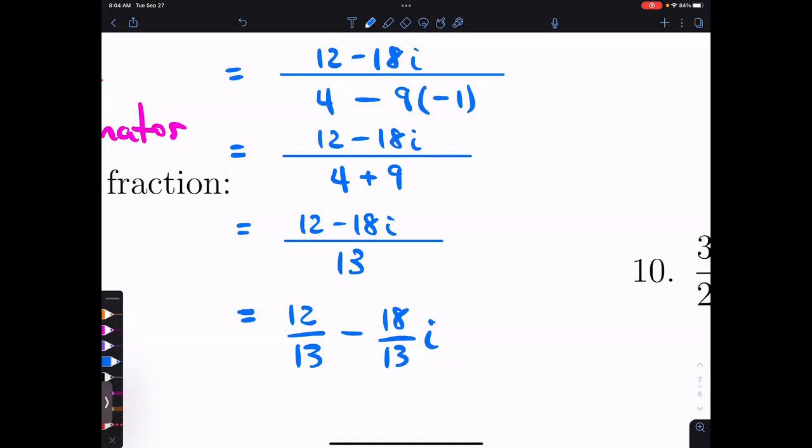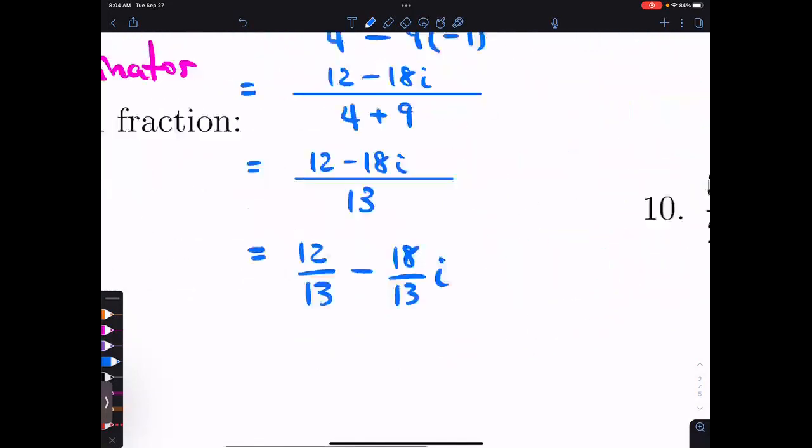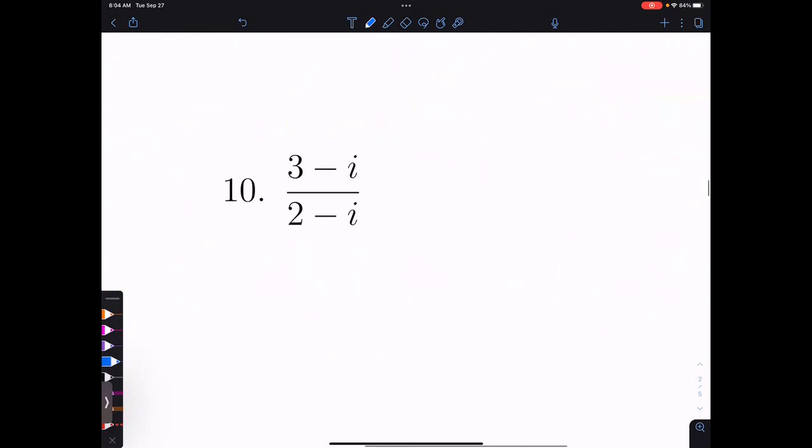Okay, so y'all tell me, number 10. What do we need to multiply this by to get the ball rolling, to start the process? 2 plus i. How do we know?